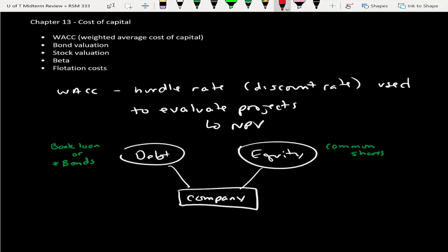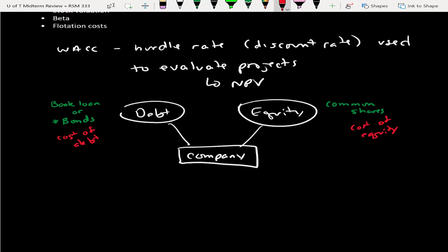So the cost of debt is what you are paying on your bank loans and bonds. And the cost of equity is the shareholders' expected return. And the weighted average cost of capital is the average of these external costs.